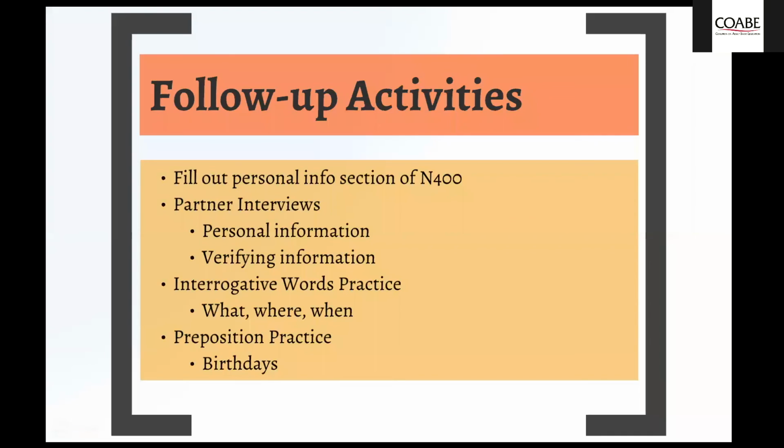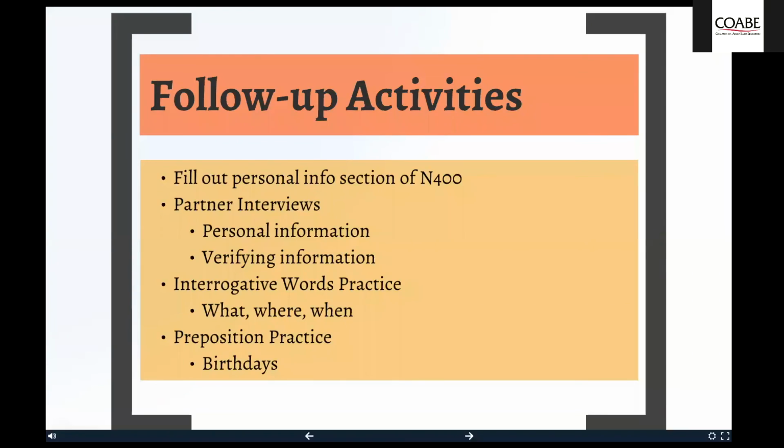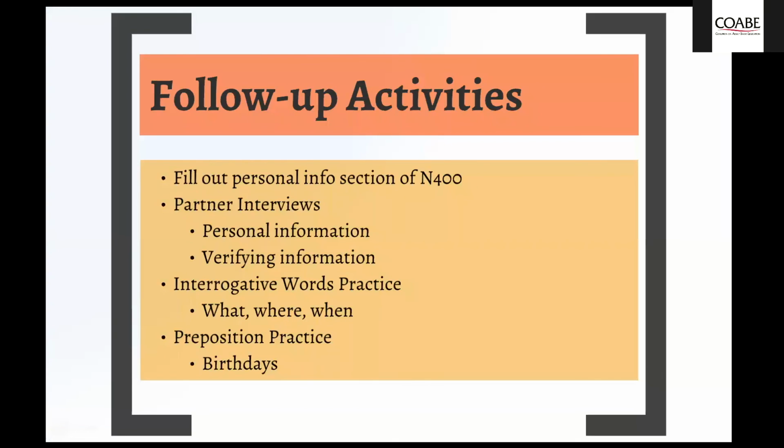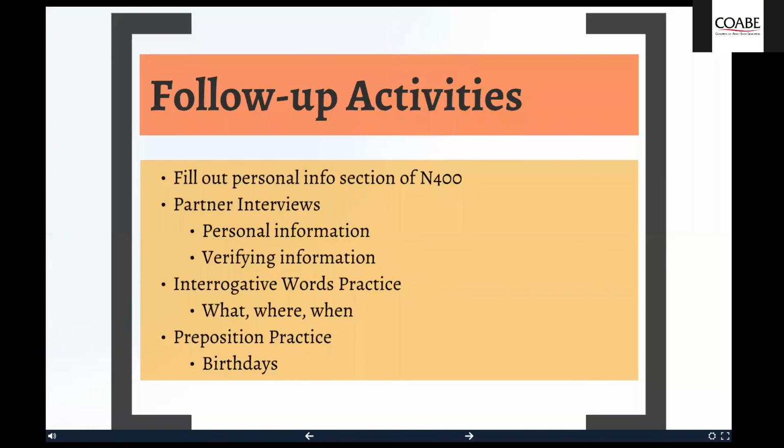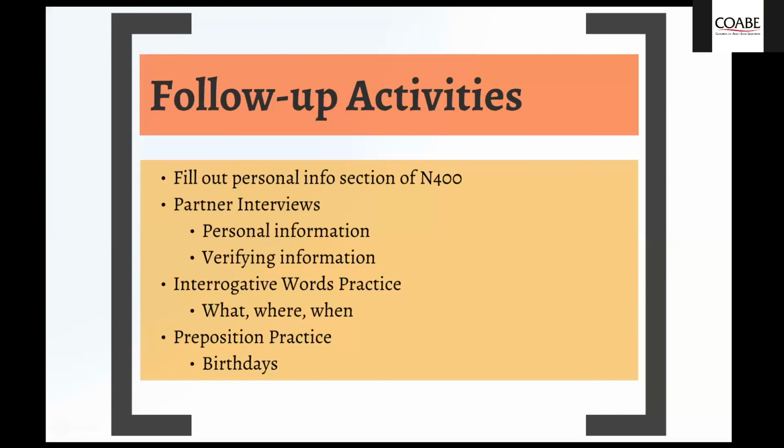So you can print those out and actually have them practice filling it out. You can have them do partner interviews for more of the personal information that they have to include on the form, as well as verifying information. So you can have one act as the interviewer and the interviewee.